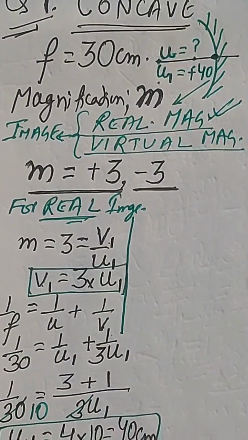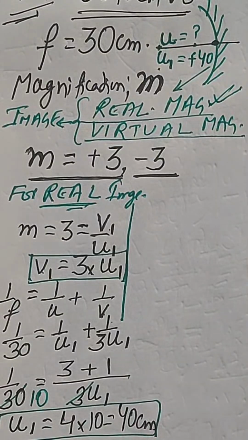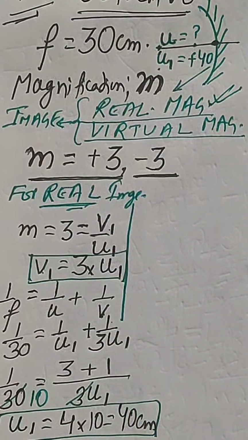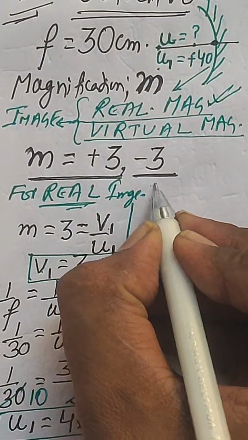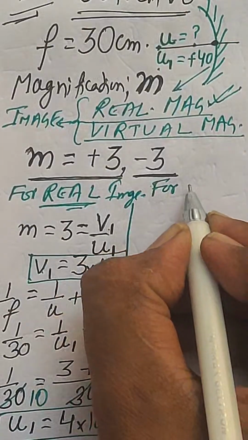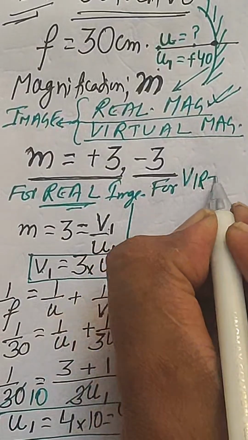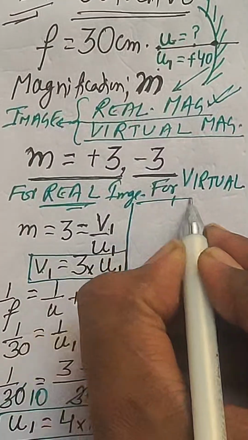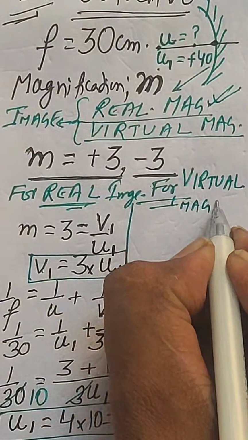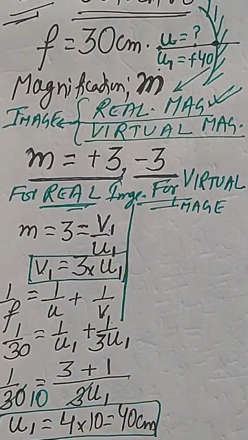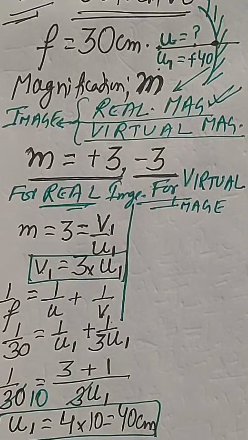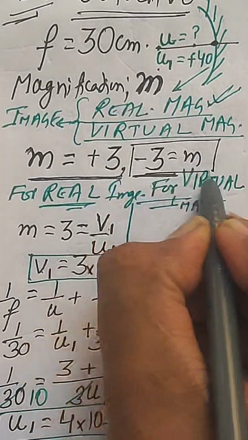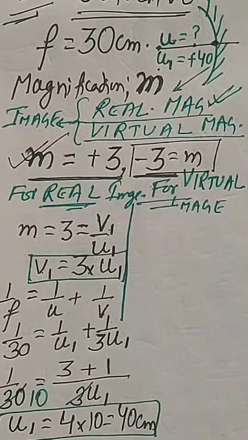Now just take the second condition, when m equal to minus 3. This is the condition for virtual image. What will happen for virtual image? We will consider the value of m equal to minus 3, because we have already considered m equal to plus 3.